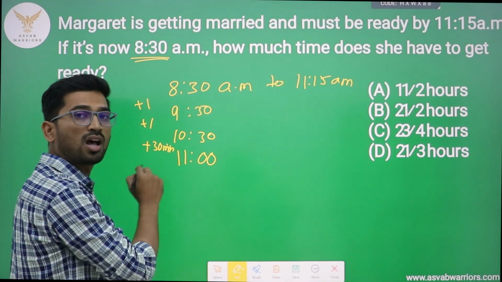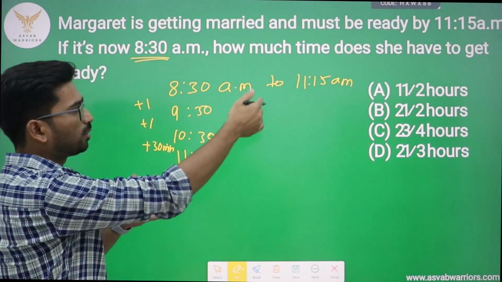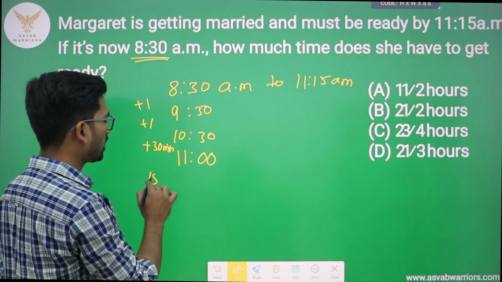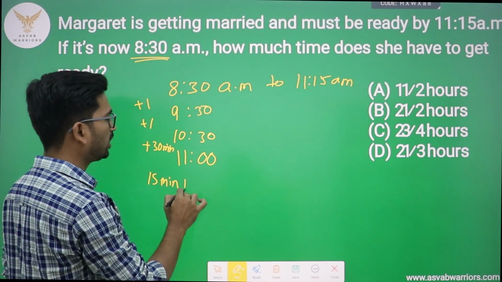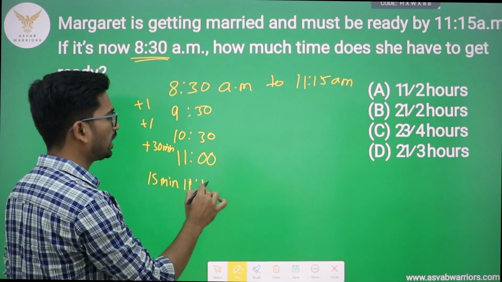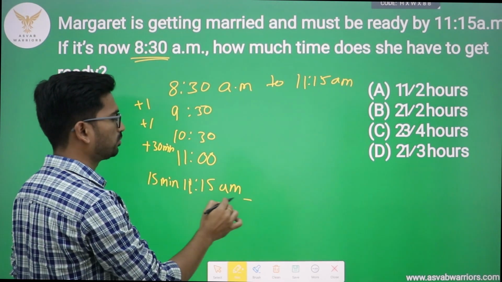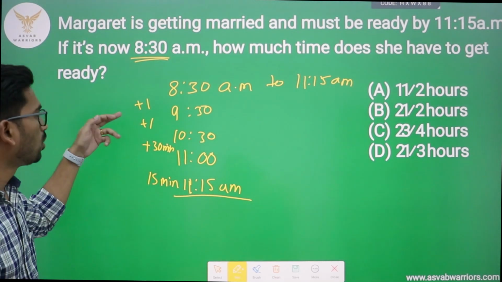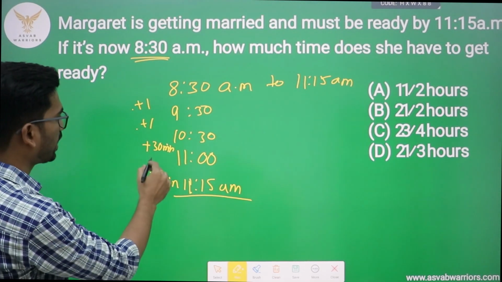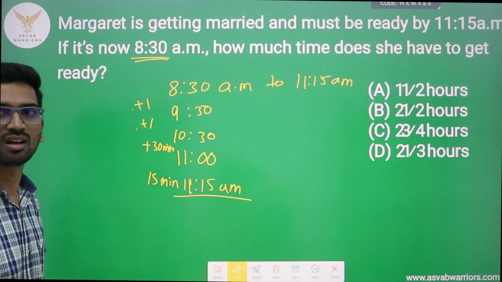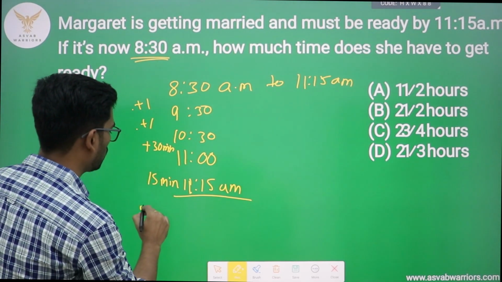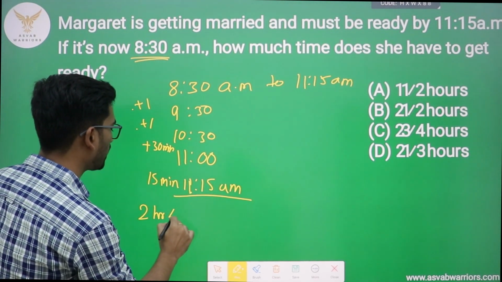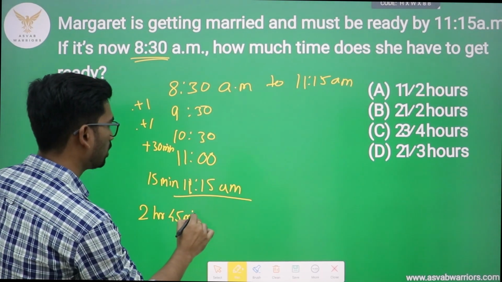And the remaining 15 minutes. Again we are adding 15 minutes. So we reach 11:15 a.m. Now in total how much time is she going to get? 1 plus 1 is 2 hours, and 30 plus 15 minutes is 45 minutes. So she is going to get 2 hours and 45 minutes.